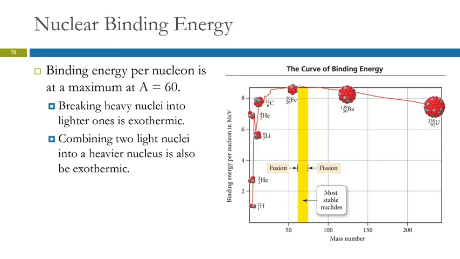So if you break a heavy nucleus into lighter ones, that's an exothermic reaction, because you're taking less stable and making it more stable, so that's going to release energy. And if you combine two light nuclei into a heavier nucleus, that's also going to be exothermic. It's going to release energy. So fission and fusion are both highly exothermic.